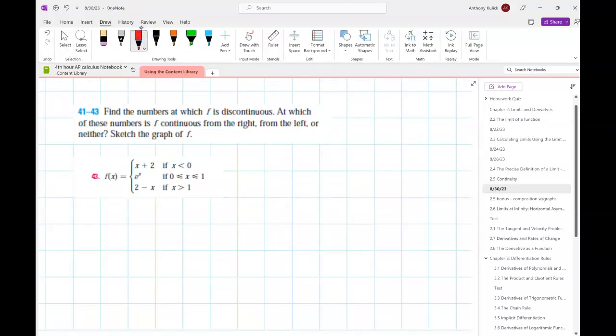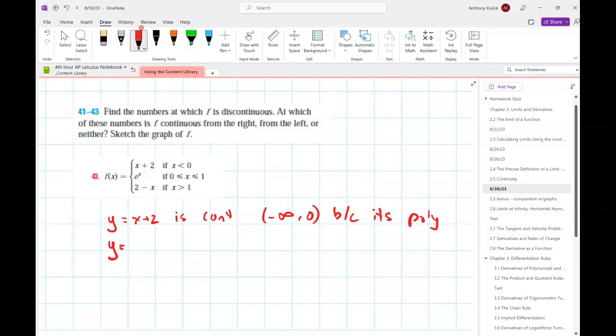the f we're given is a piecewise function, right, Giselle? So I know that y equals x plus 2 is continuous for negative infinity to 0, right? Because it's a polynomial.